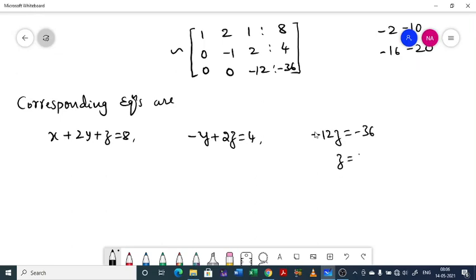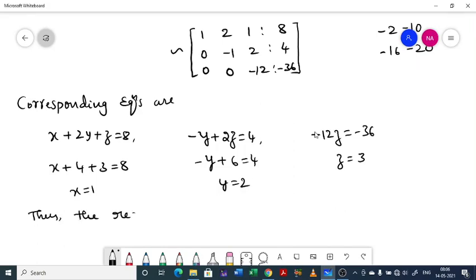So z will be 3, and minus y plus 6 equal to 4, so y will be 2. x plus 4 plus 3 equal to 8, so x equal to 1. Thus the required solution is 1, 2, 3.